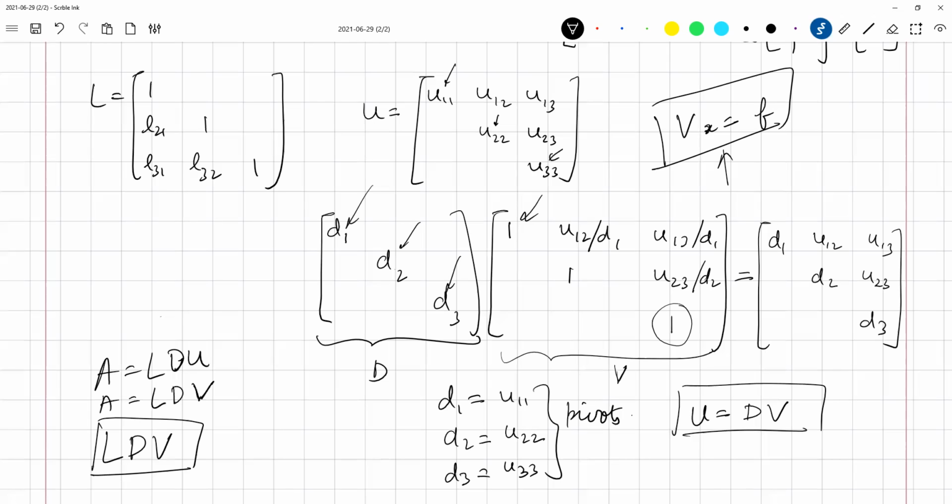Both of these terminologies are used. What is this D matrix called? Just a diagonal pivot matrix. Okay, so this is called the diagonal pivot matrix.